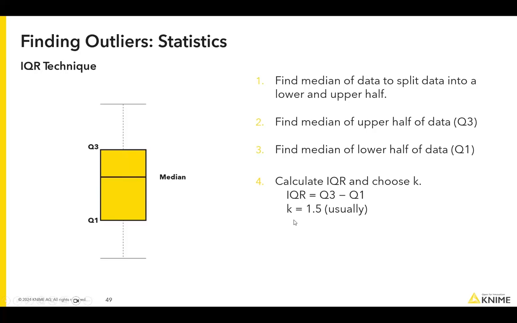k, which in KNIME Analytics Platform is by default equal to 1.5. Then you need to calculate two values. The first one is the third quartile plus k multiplied by the interquartile range, and the other one is the first quartile minus k multiplied by the interquartile range.